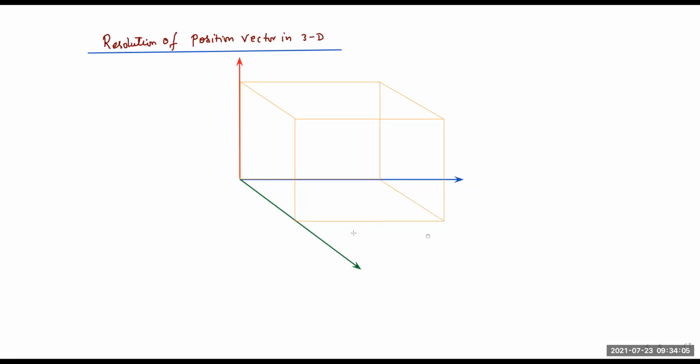So you can see that we have drawn a cuboid, and it has 4 parallel sides in every direction. I will say this is the x-axis, y-axis and z-axis, and this is the origin.